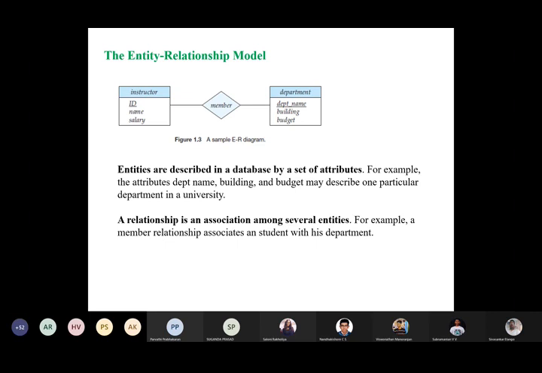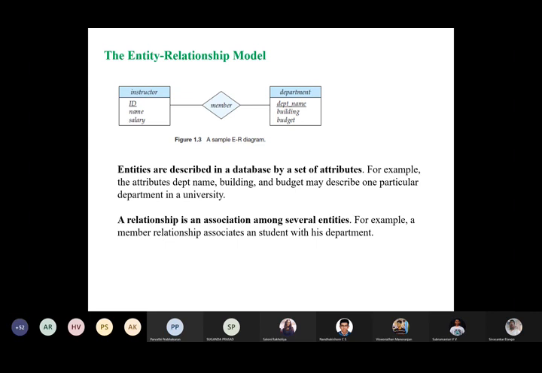A strong entity set means an entity set with a primary key. For example, here instructor has a primary key ID, and similarly the department entity has a primary key, department name, right? We'll study how to represent a strong entity set by means of a relation, and how to represent a weak entity by means of a relation.